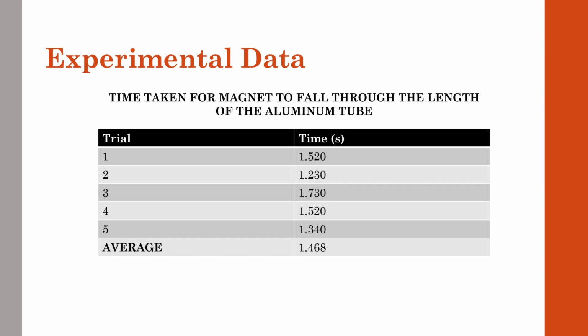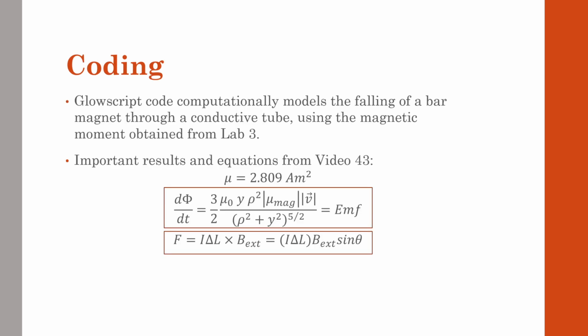This represents the time taken for the magnet to fall through the length of the aluminum tube over 5 trials. The average was calculated to be 1.468 seconds. Now the GlowScript code computationally models the falling of the bar magnet through a conductive tube using the magnetic moment obtained in lab 3, which was 2.809.